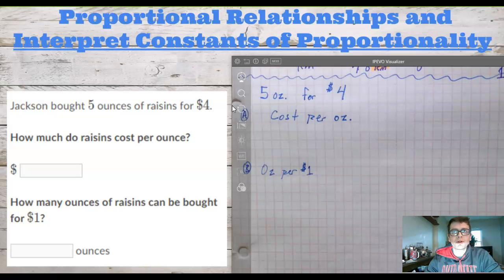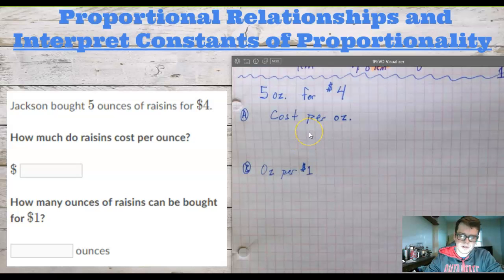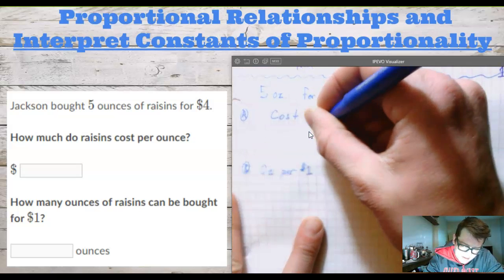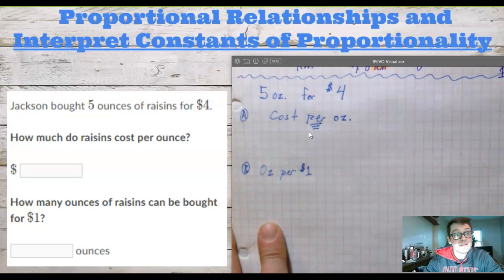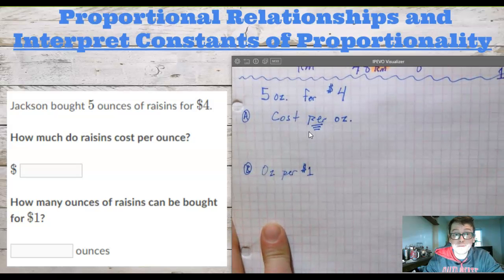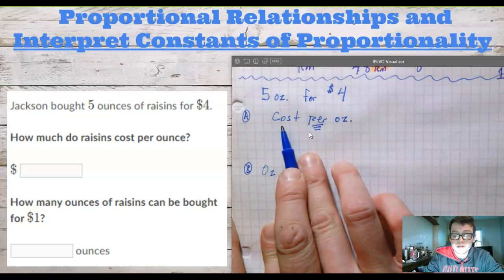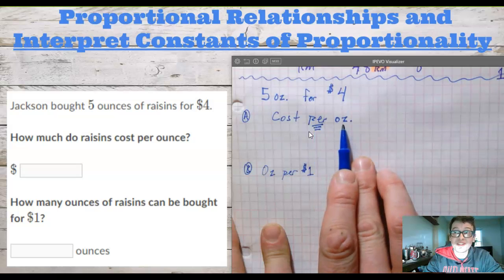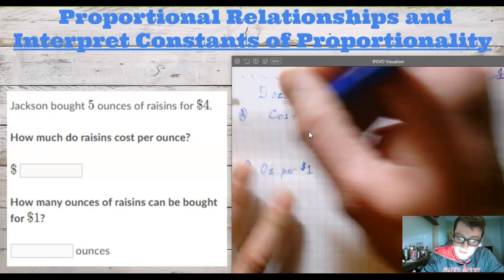What's going to be the order of division for part A here to get the cost per ounce? 5 divided by 4. Careful, it's cost divided by ounces. So 4 divided by 5. It's 4 divided by 5.